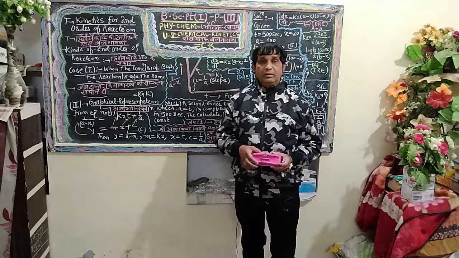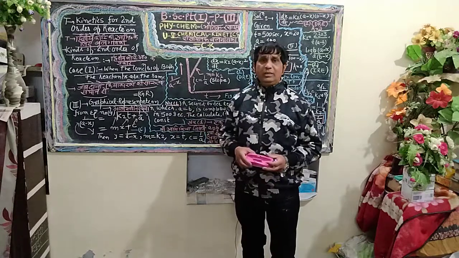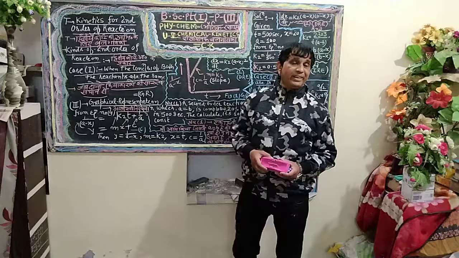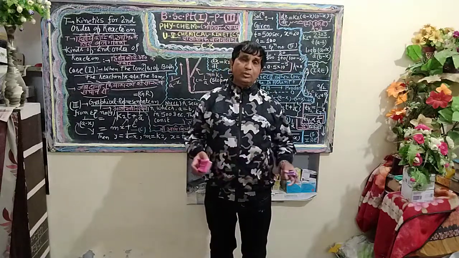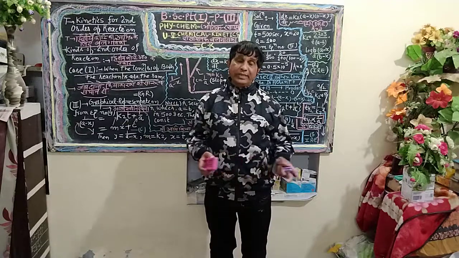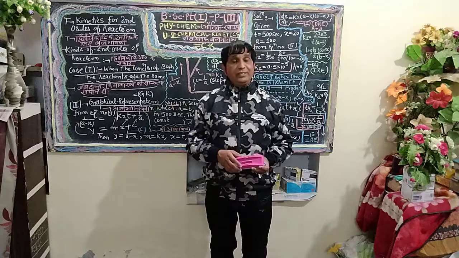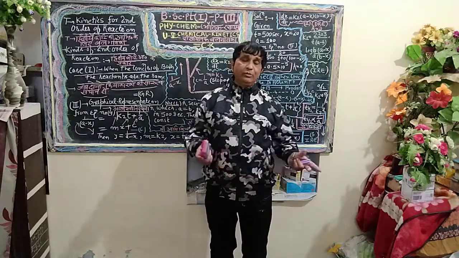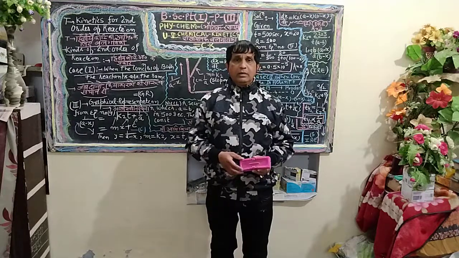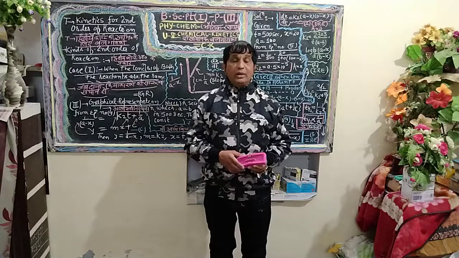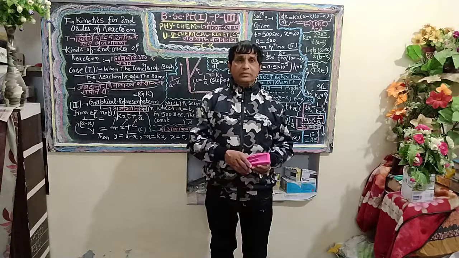Students of BSc Part 1, before discussing today's lecture, the kinetics for second order reactions, once again I repeat the necessary fundamental postulates, scientific equations, rules and theory from our previous video on chemical kinetics, in which we derived the kinetics for zeroth order and first order based upon 4 or 5 points.